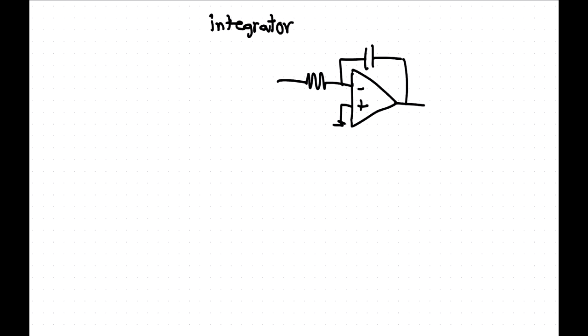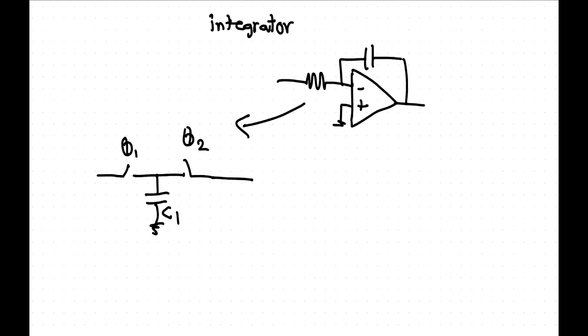And then if we don't use a resistor, but we use a switched capacitor instead, that becomes your switched capacitor integrator. Clock phase 1, C1 there to ground, clock phase 2, and then we have the op amp.